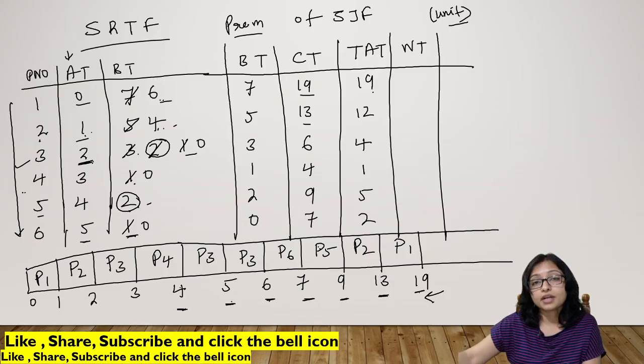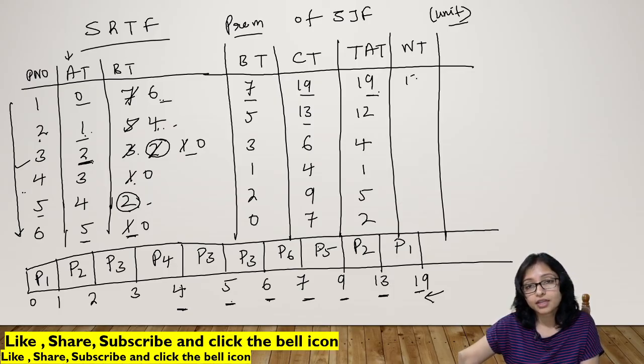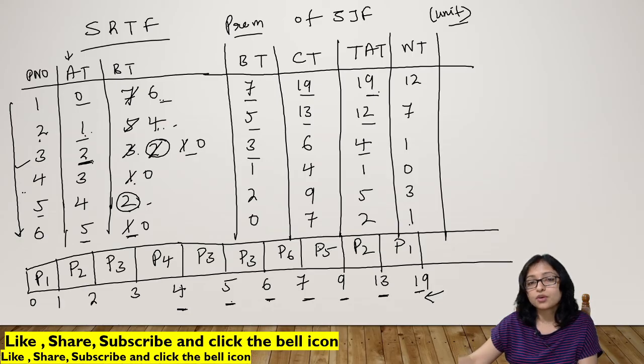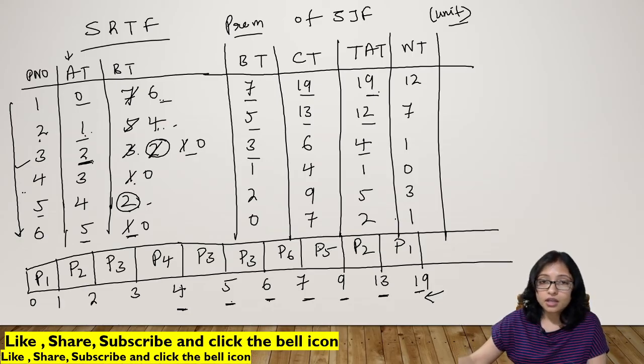Next one is waiting time. Waiting time is turnaround time minus burst time. 19 minus 7 is 12. 12 minus 5 is 7. 4 minus 3 is 1. And in the same way this will be 0. After that this will be 3 and this will be 1. Right?